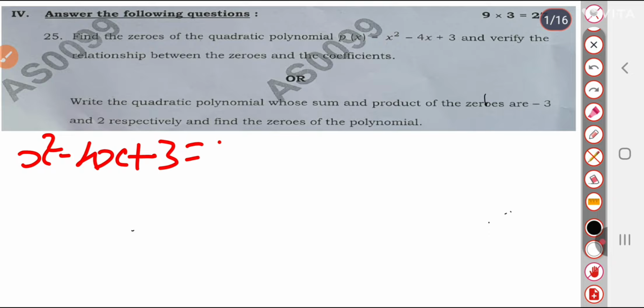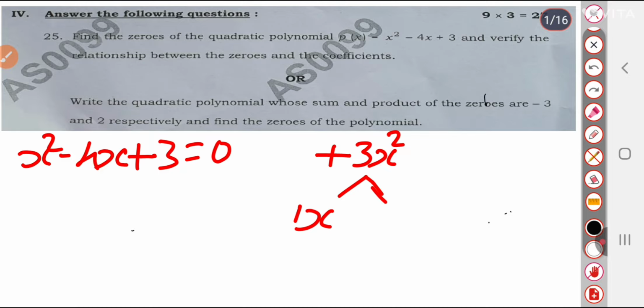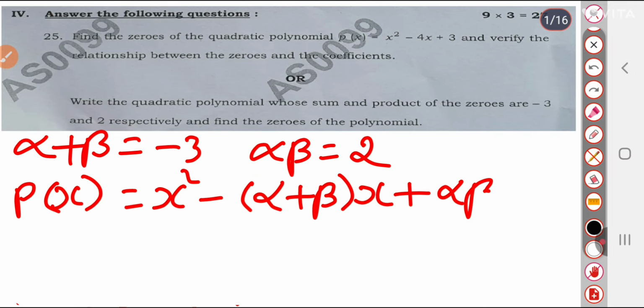So to find the polynomial, we have one formula, that is x square minus alpha plus beta into x plus alpha beta. So if we substitute here, what we'll get? X square minus alpha plus beta is what?